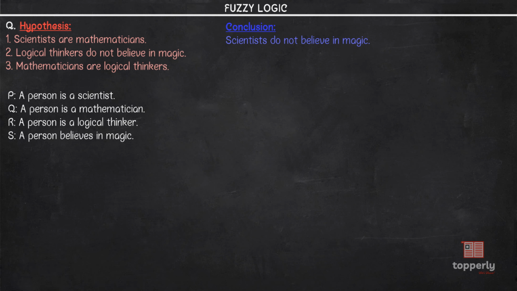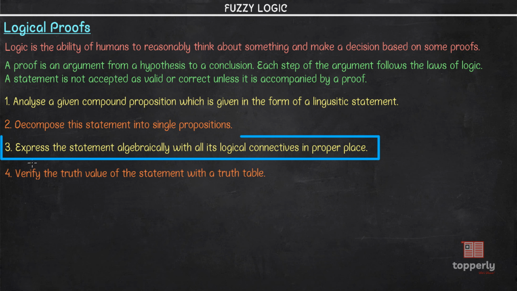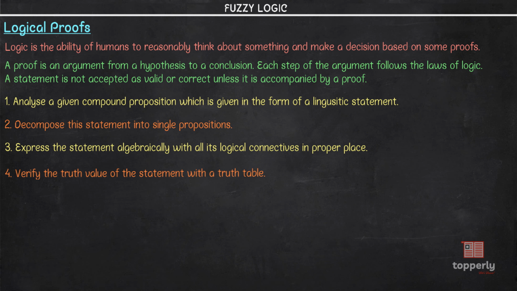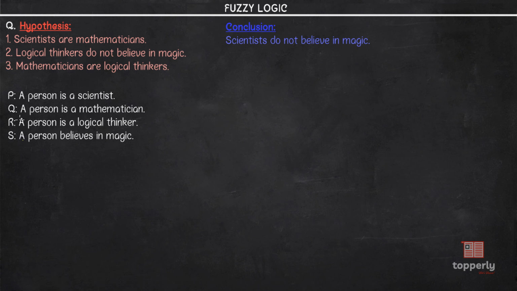Going back to the steps, the next step is to express the statement algebraically with all its logical connectives in proper place. So we need to express these statements in an algebraic expression. In the hypothesis, the first statement is scientists are mathematicians. We know that P represents a person is a scientist and Q represents a person is a mathematician.